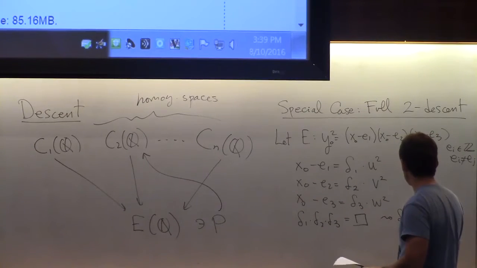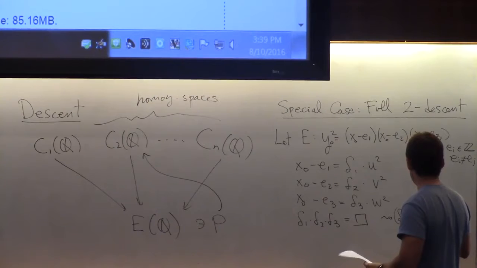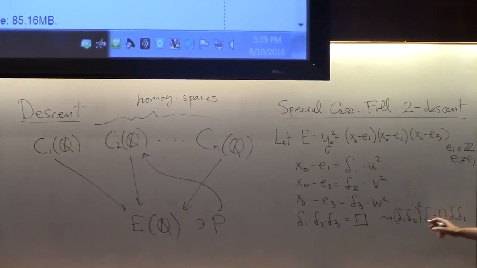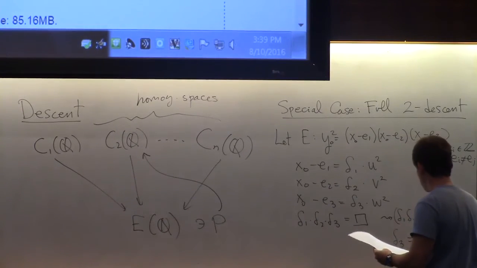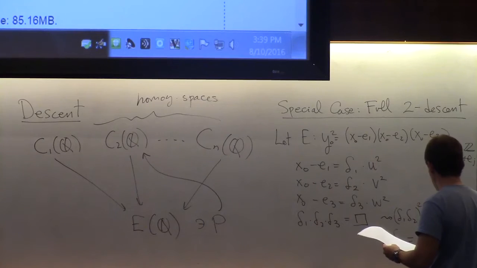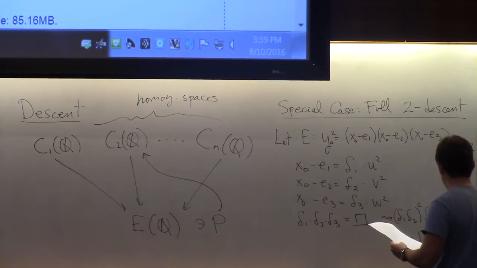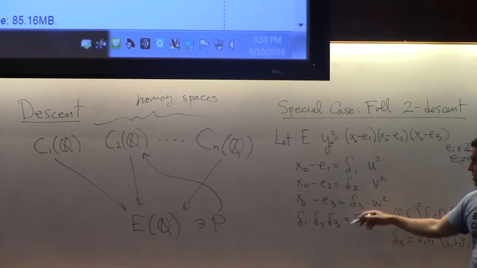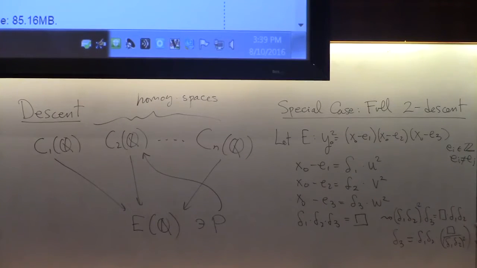So if I multiply both sides by delta 1, delta 2, I get a square there, that's good. And a square times delta 1, delta 2. So what that says is that modulo squares, delta 3 is just delta 1 times delta 2. Or in other words, if delta 3 is delta 1 delta 2 times the square divided by delta 1 delta 2 squared, this is a square which can be thrown into W. This is a rational number, this is a square, so it can be put in W, right? So I'm going to actually substitute delta 3 by delta 1 delta 2, and it's all the same.